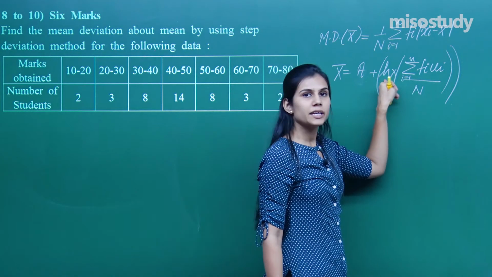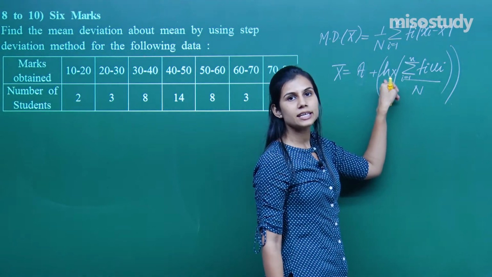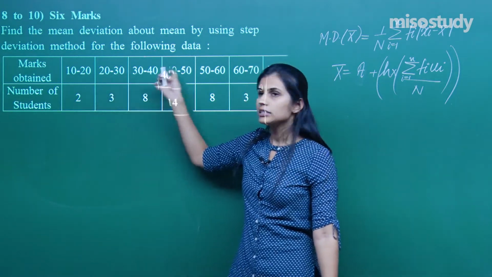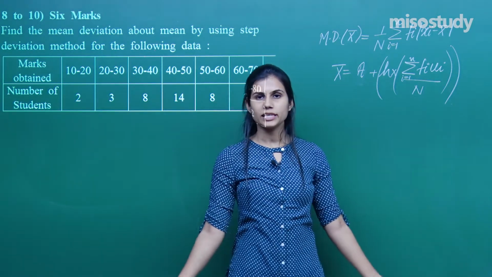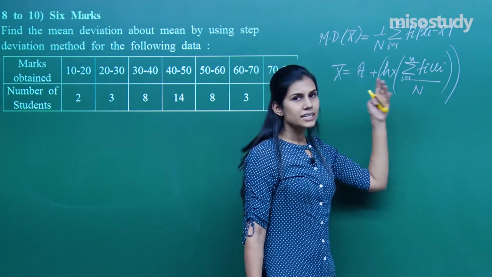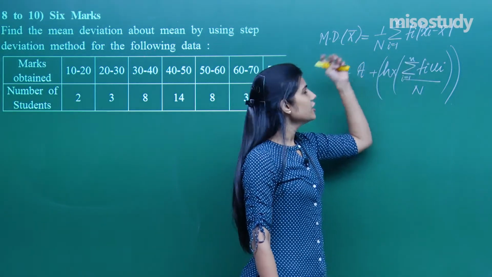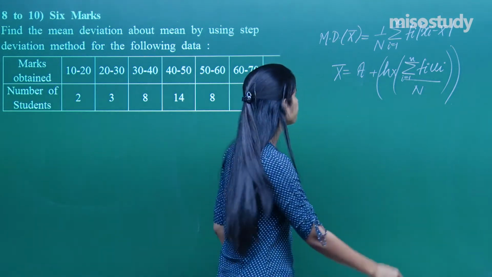Clear? This h in the case of continuous frequency distribution mostly is taken to be the size of the class interval, because here also you can see each class interval is of width 10. So we take h as 10. Capital N is again summation Fi, i varying from 1 to n. Calculate x bar, then calculate this, and you get your mean deviation about mean.